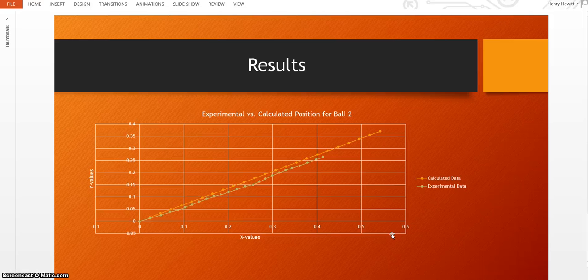And so this calculated data is above the experimental data, which is to say the experimental data is below the calculated data, due to friction and a slight spin on the ball that took away from its translational kinetic energy. If I did account for friction, then the calculated data would line up much closer to the experimental data.